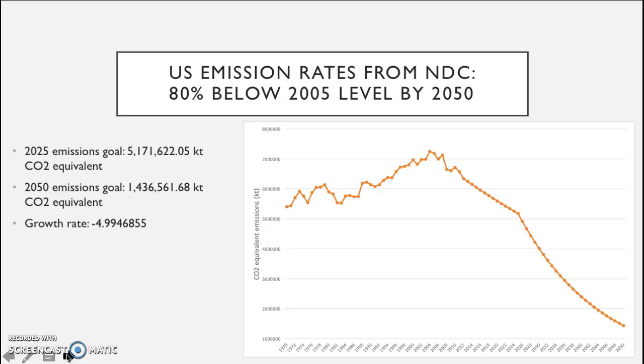And you can see where it has that straight line that we already saw from 2012 to 2025, and then that more drastic looking drop from 2025 to 2050. And that would be at basically a negative 5% growth rate going from 2025 to 2050 to achieve this 80% below 2005 levels by 2050.